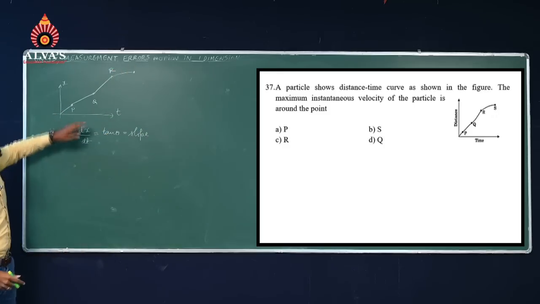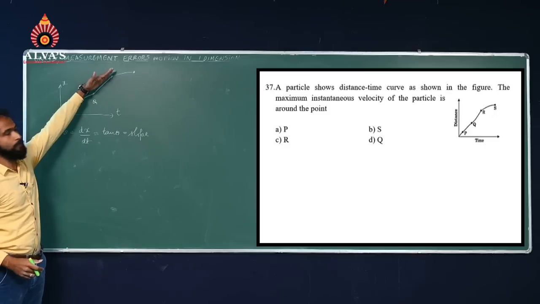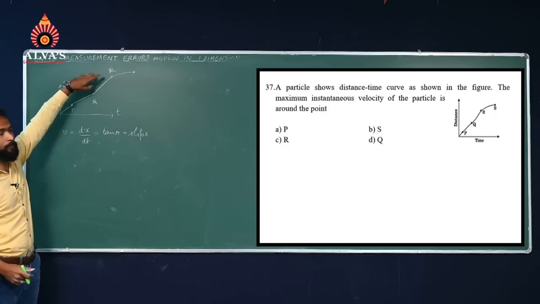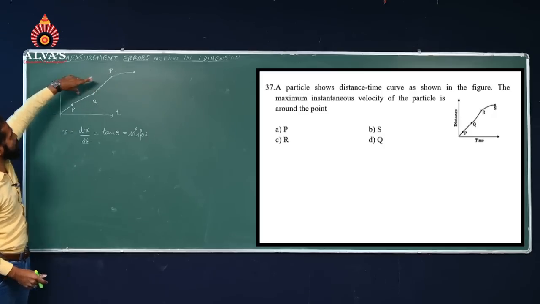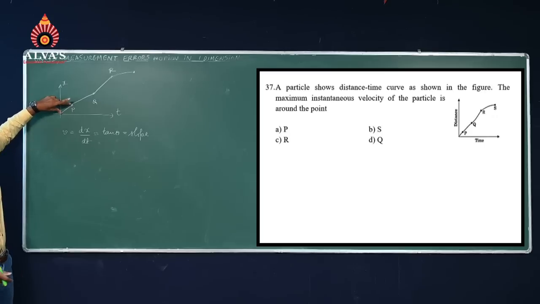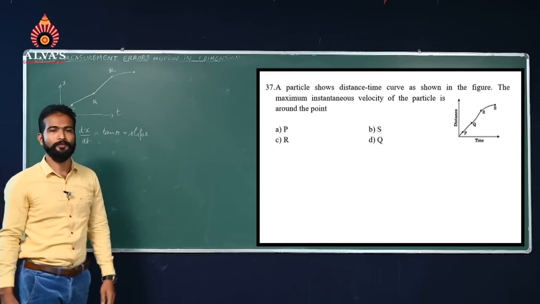So the part from Q to R has a maximum slope. If this part has a maximum slope, then the maximum instantaneous velocity is possible at point R. So this part we take as R, this part is Q, and this part is P. So that means the right option is option C.